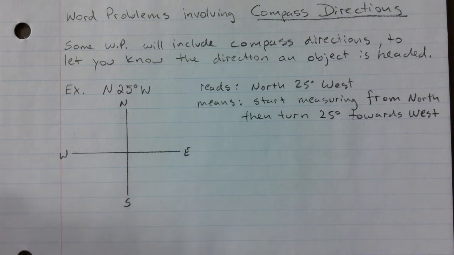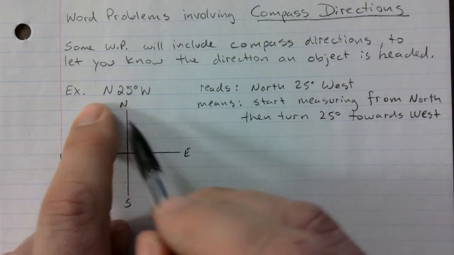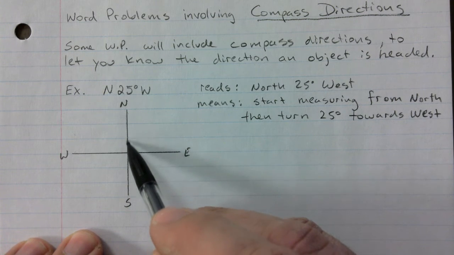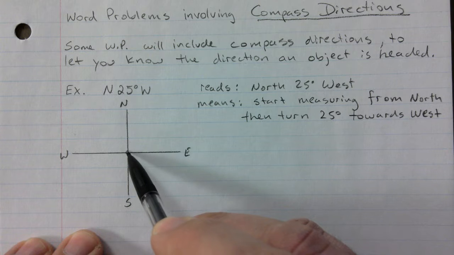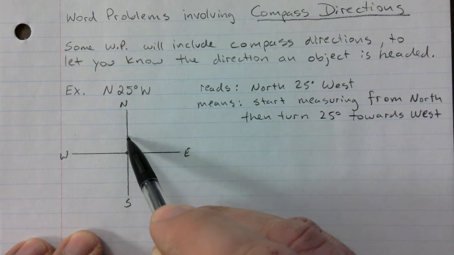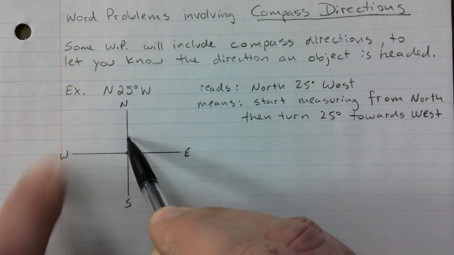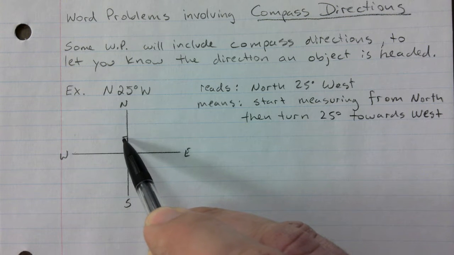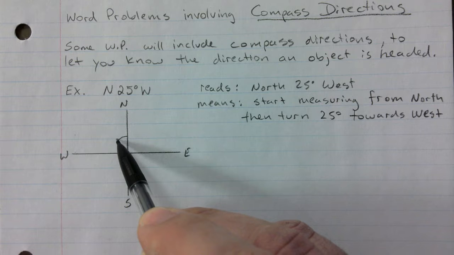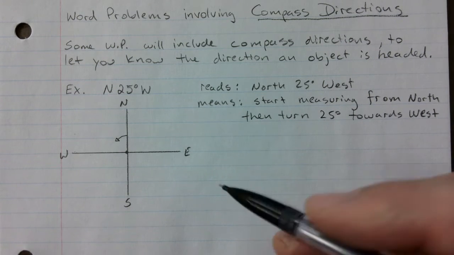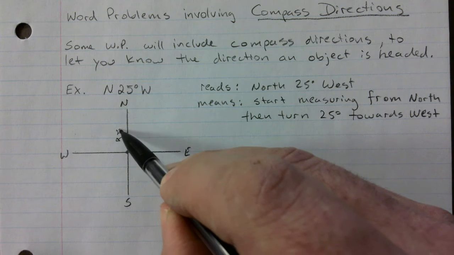But before I do that, I'm just going to say, okay, read this with me. You start north, so this is your starting point. Just from the origin, start moving along it a little bit, and then we're going to turn 25 degrees west. So you do one of these, 25 degrees west, make a little arrow, and we put the 25 degrees there.